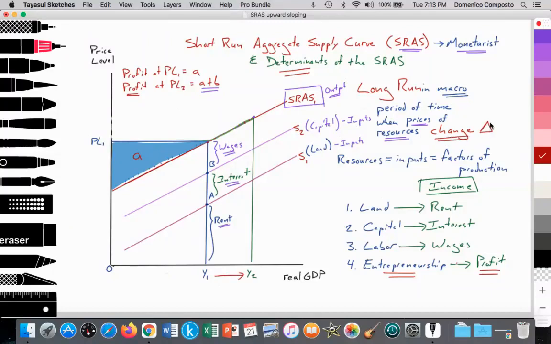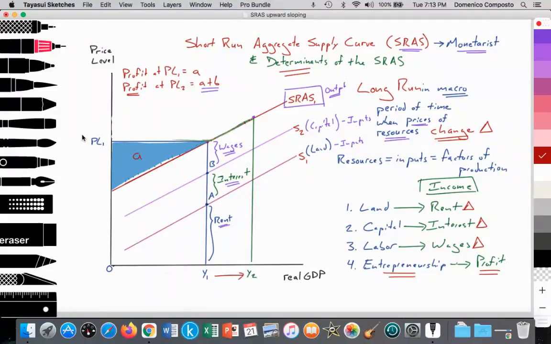We'll use the symbol delta, the math symbol for change. So what happens when there's a change in rent, or a change in interest, or a change in wages? That will affect the input costs for the firm, and thus that will affect the short-run aggregate supply curve.